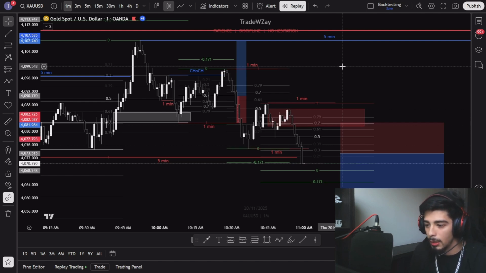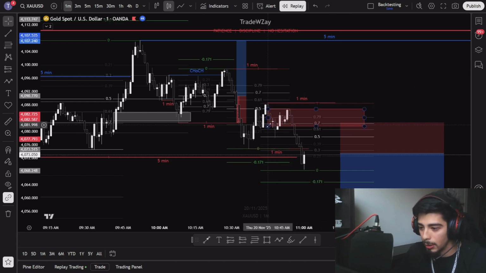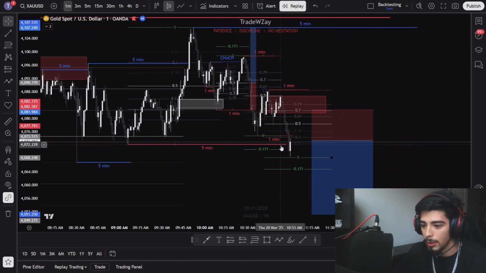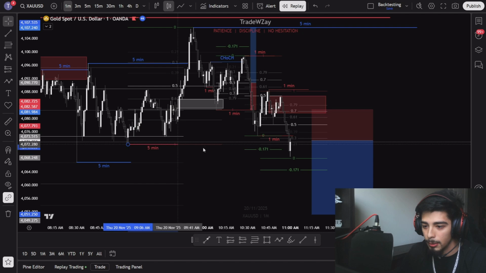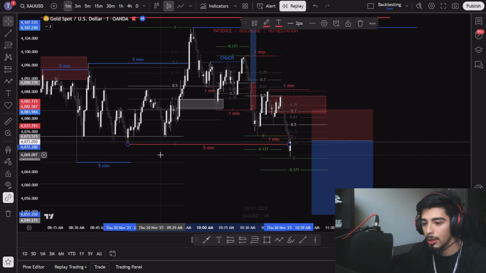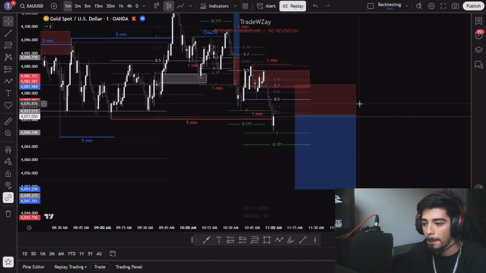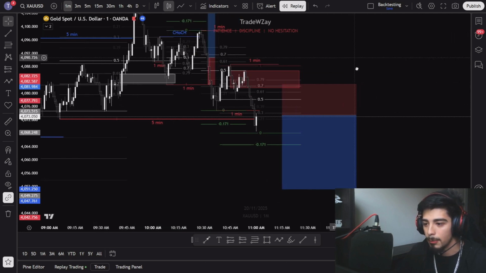And then I saw price break structure down again. I'm like, okay, all right, so that 1-minute structure is following it to the downside. We got this 5-minute higher low that did a change of character, so that's why I made it red now. So now we're bearish on the 5-minute as well.